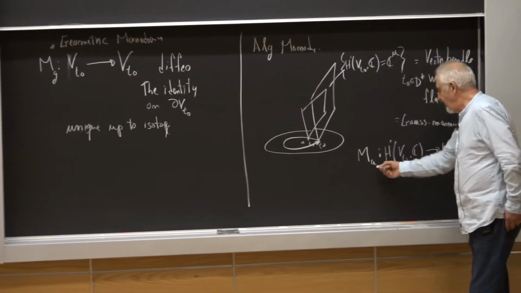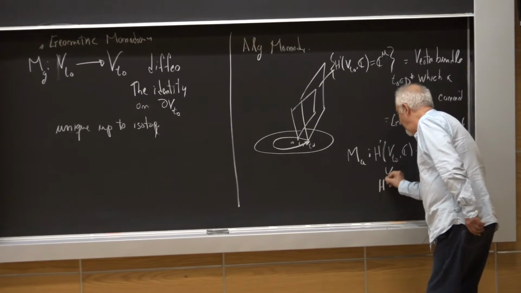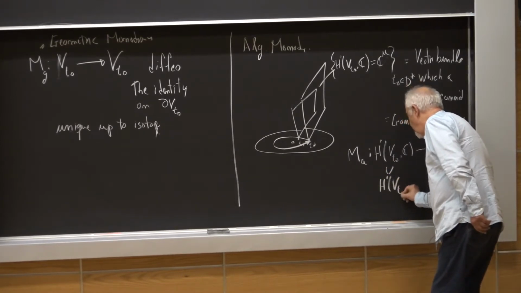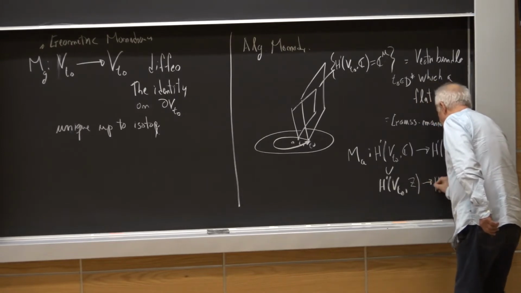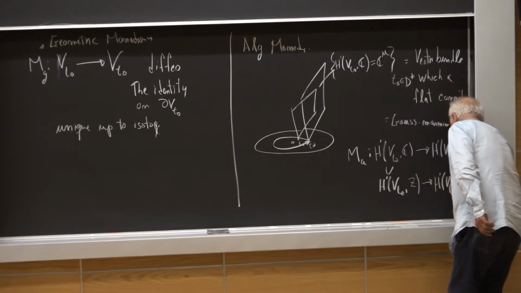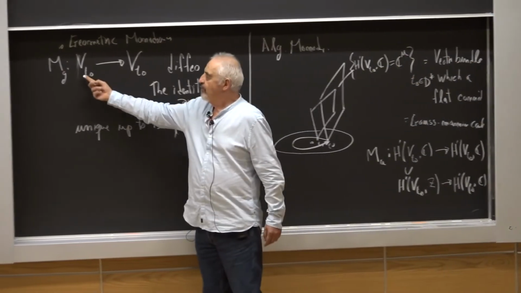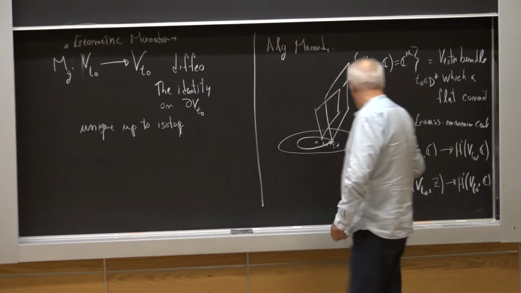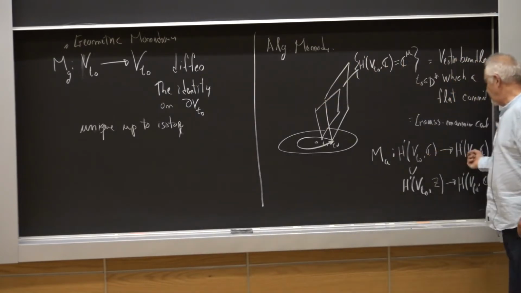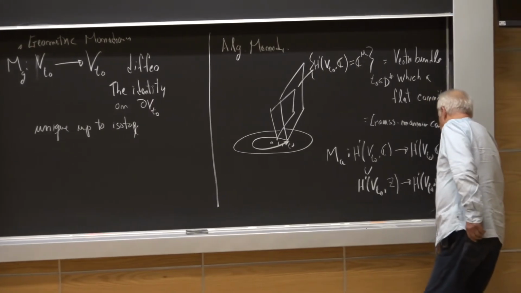And actually, this map is also defined in H1 of V_t0 with integer coefficients, since it's a map induced from this diffeomorphism. So it induces an isomorphism, I'm sorry, here with integer coefficients.